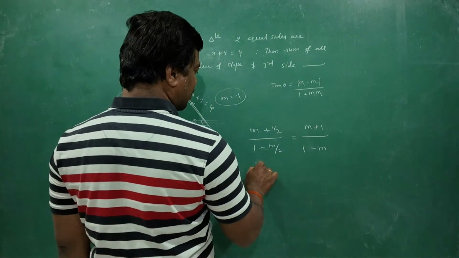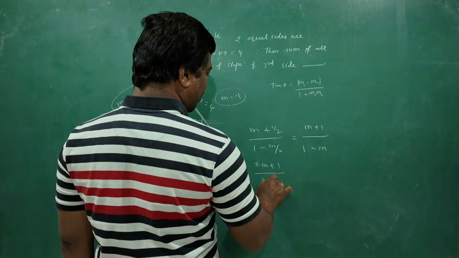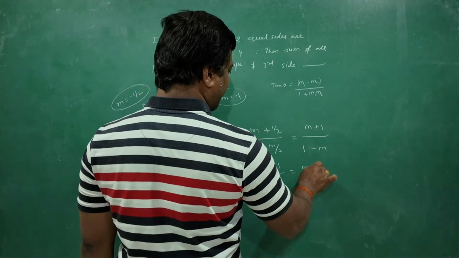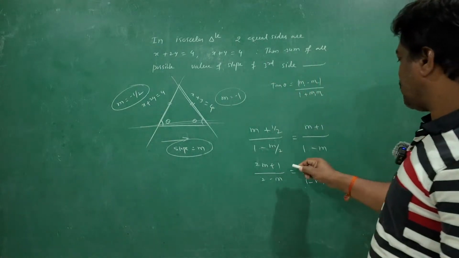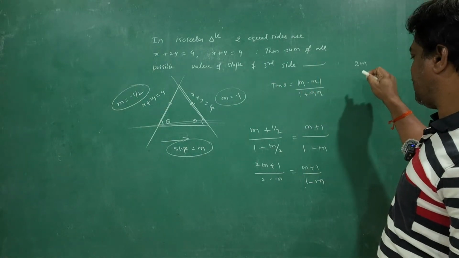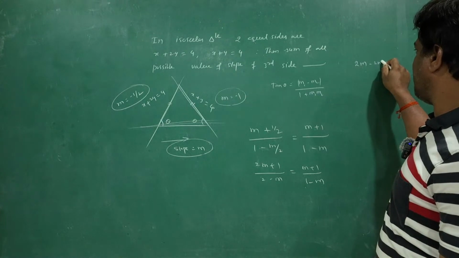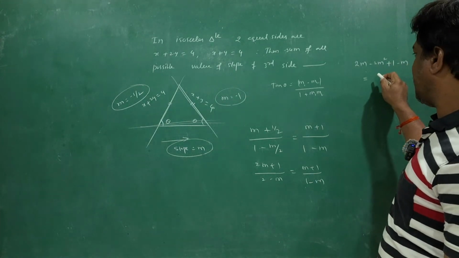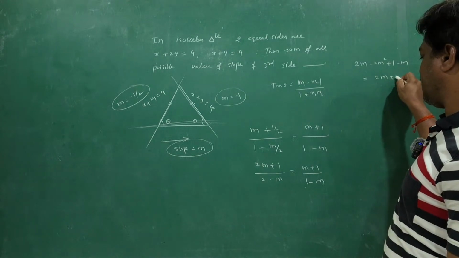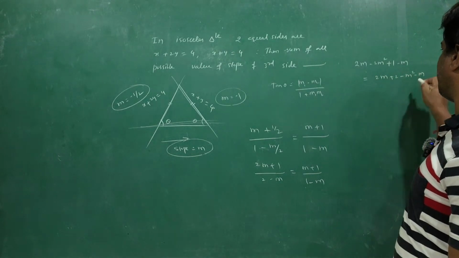This is 2m plus 1 by 2 minus m equal to m plus 1 by 1 minus m. On simplification: 2m into 1 is 2m, 2m into minus m is minus 2m square, next plus 1 minus m. On the right hand side, 2 into m is 2m, 2 into 1 is 2, minus m square minus m.